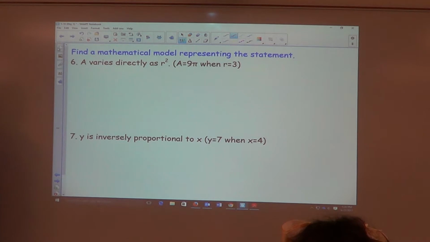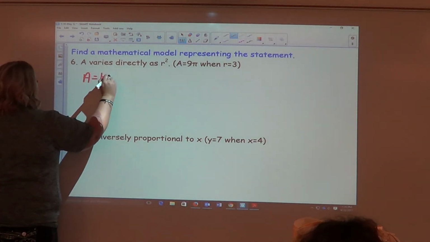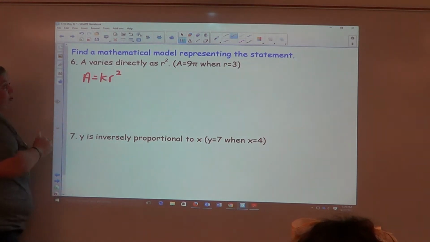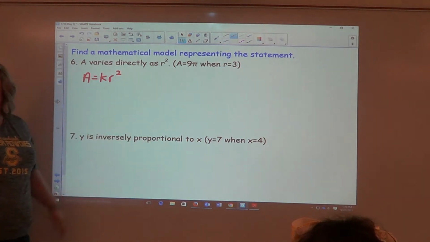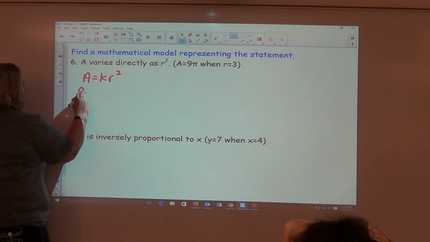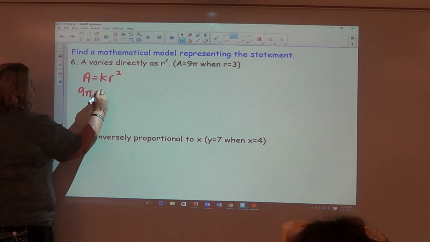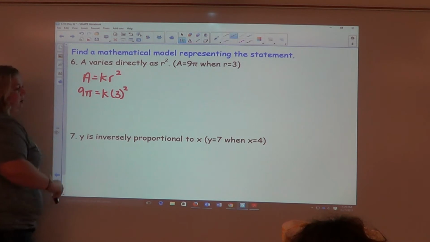Alright? So how would I write A varies directly as R squared? If we were doing like we did the very first section. A equals what? K times R squared. So you do that first, then with the stuff it tells you to plug in, we're going to plug that in and find K. So I would have 9 pi equals K times 3 squared.